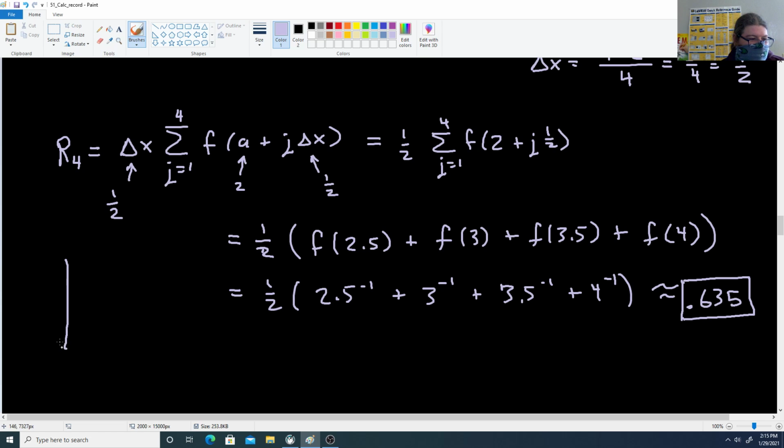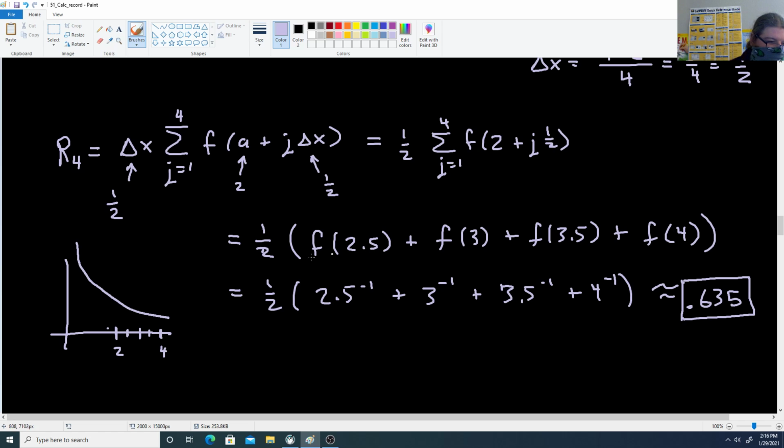What it actually looks like is the function 1 over x looks kind of like this. So what we're saying is from x equals 2 up to x equals 4, we got these 4 rectangles, and we're using the right endpoint of these rectangles to set the height of the function.